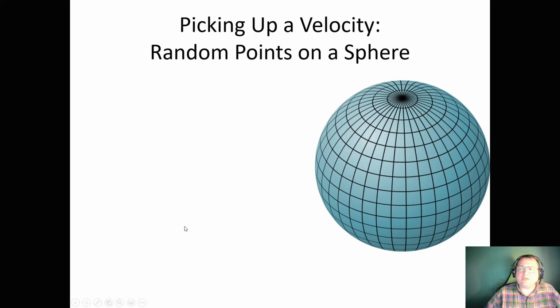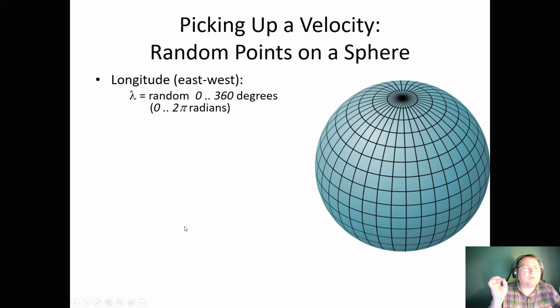The first thing that we can find is so-called longitude, or the Greek letter lambda. Lambda is an angle. Let's imagine that Greenwich is somewhere here. That's the longitude of 0, and now to find a random longitude, so a random position in terms of east or west on the globe, we just need to find a random angle from 0 all the way around to 360.